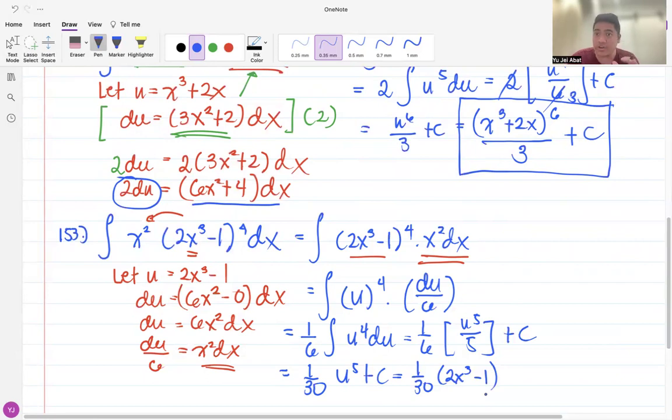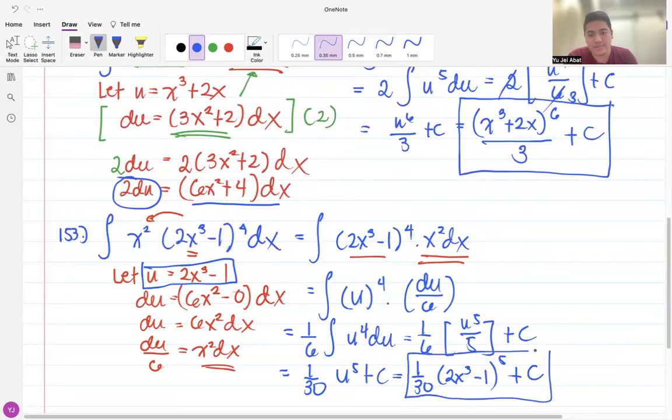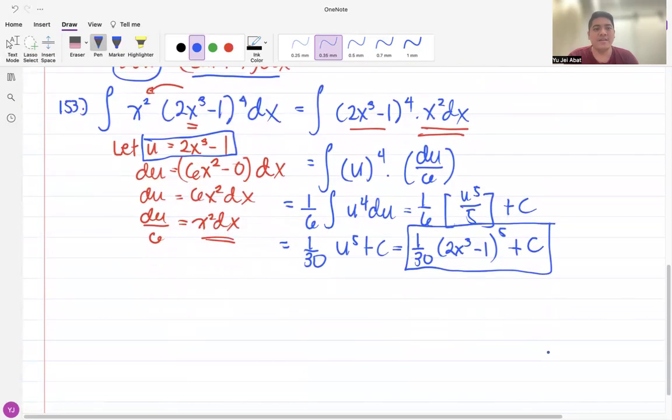We are just substituting back the original variable from u to x, because we let that as our u. So we have 1/30 times (2x cubed minus 1) raised to 5 plus c. This will be our final answer. So that is our final answer for this problem.